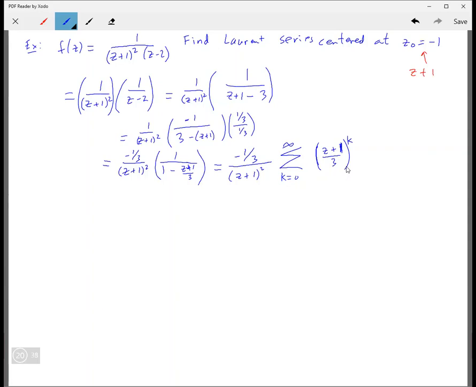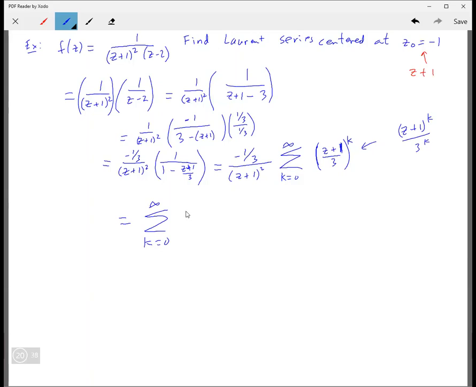So great. Now we've got it. We just have to pull this stuff back in. So the numerator is z plus 1 to the k over 3 to the k, right?